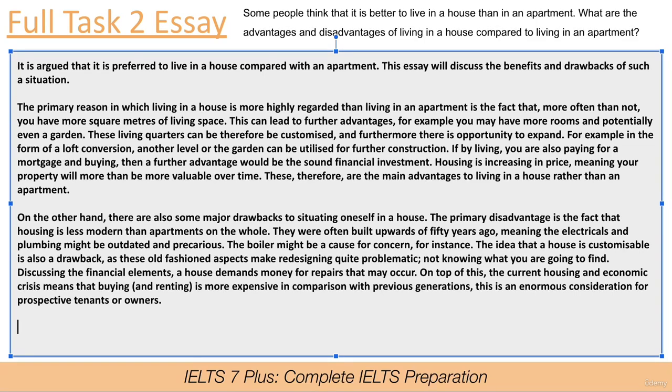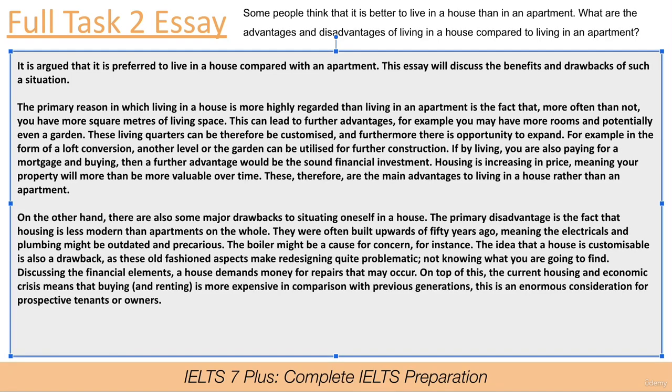The idea that a house is customizable is also a drawback, as these old-fashioned aspects make redesigning quite problematic, not knowing what you are going to find. Discussing the financial elements, a house demands more money for repairs that may occur. On top of this, the current housing and economic crisis means that buying and renting is more expensive in comparison with previous generations. This is an enormous consideration for prospective tenants or owners.